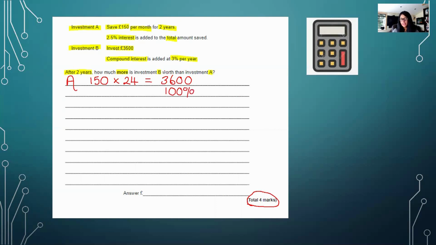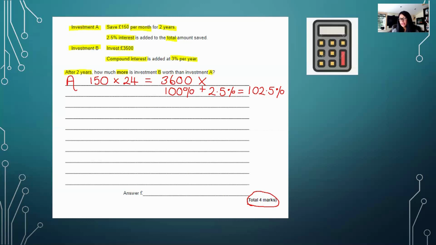So our starting amount is 100% and we are adding on 2.5% interest. So our final amount of our investment A is worth 102.5%. Now to put that into our calculator, we want 102.5% of, which means times, our starting amount of 3,600.